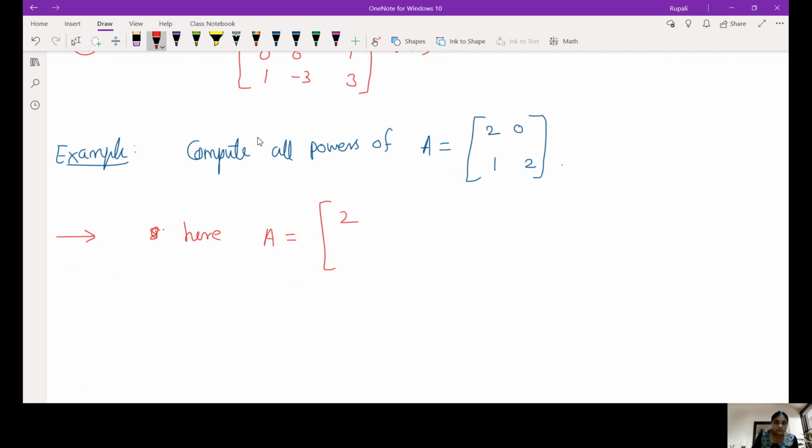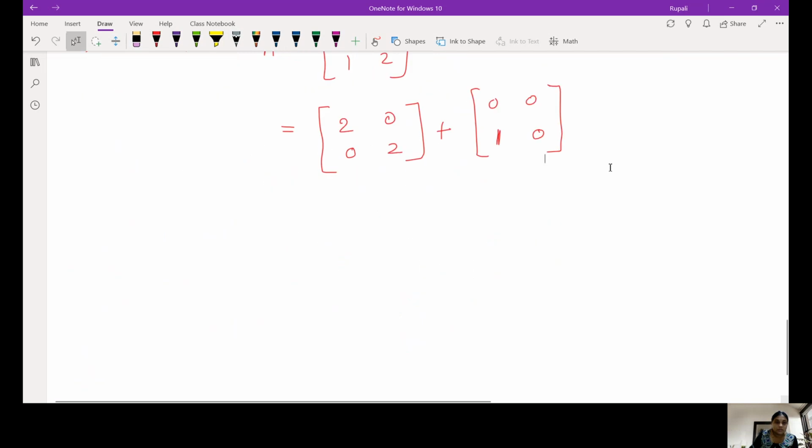A is nothing but 2, 0, 1, 2. This I can write as 2, 0, 0, 2 plus, if I write 2, 0, 0, 2, then what is remaining? 0, 0, 1, 0, right? So this I can write as 2 times the identity matrix plus 0, 0, 1, 0.